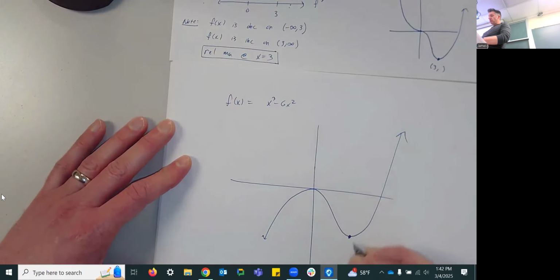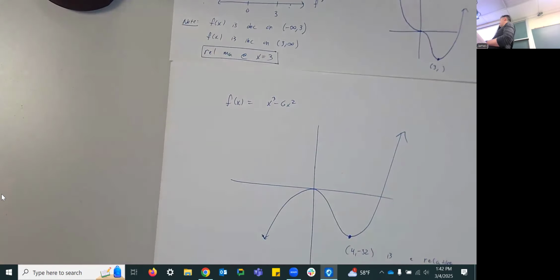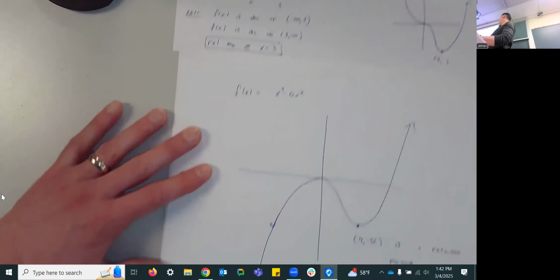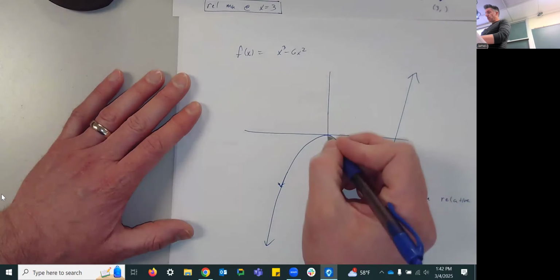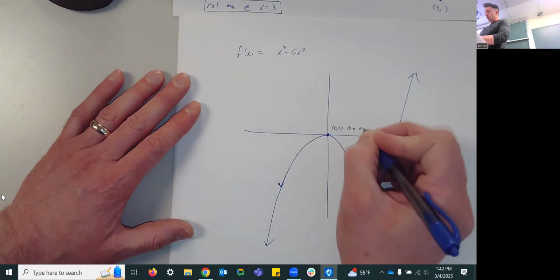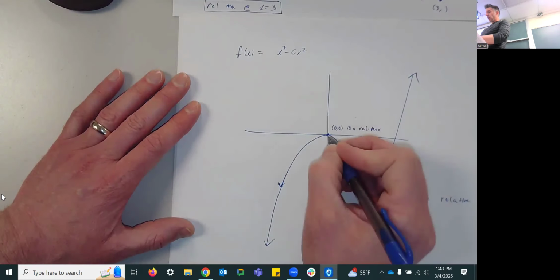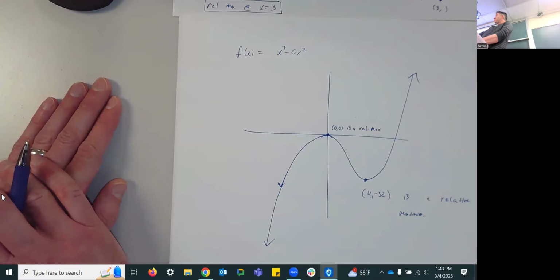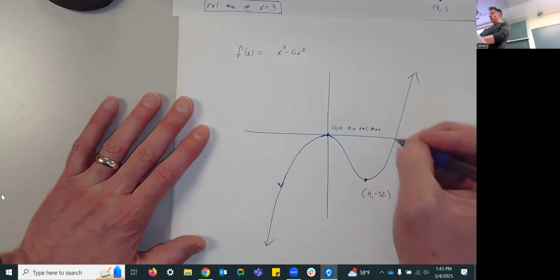This point right here, which is 4 comma negative 32, is definitely a relative minimum, but it's not absolute because this function goes all the way down as far as you want. Similarly, this point here, 0, 0, is a relative maximum. It is higher than all the points immediately next to it. But it's certainly not an absolute maximum because there are points over here that are way, way higher.